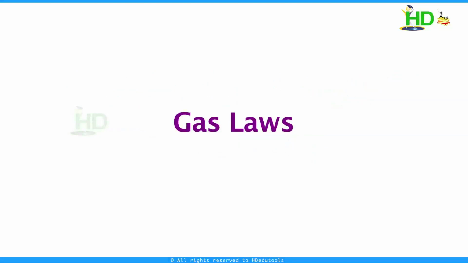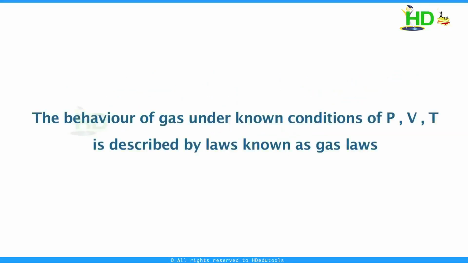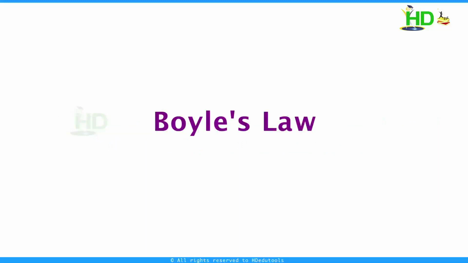And now we discuss gas laws. The behavior of gas under known conditions of pressure, volume, temperature is described by laws which are known as gas laws. First one is Boyle's law.